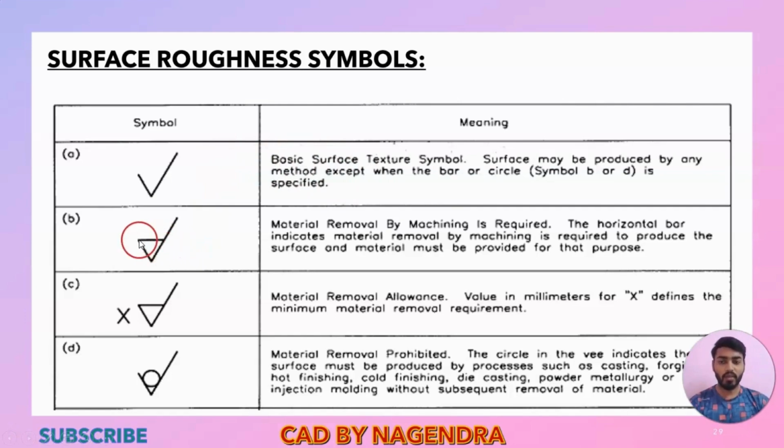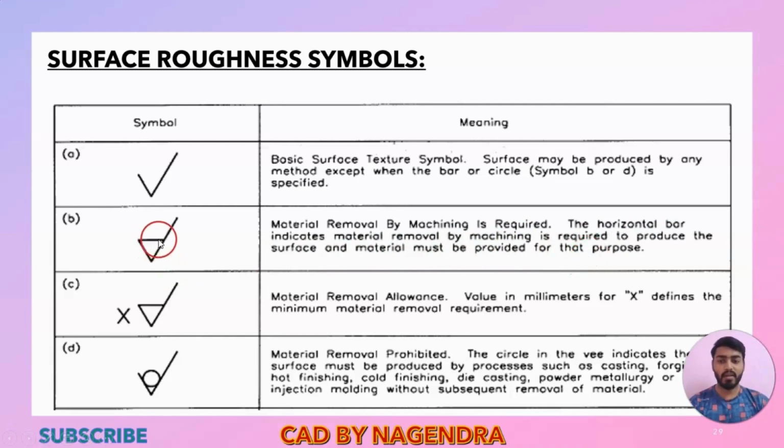But if they give here a closed triangle like this, material removal by machining is required. There, removal of material is done by using a machining operation. So the horizontal bar indicates material removal by machining is required to produce the surface, and material must be provided for that purpose.